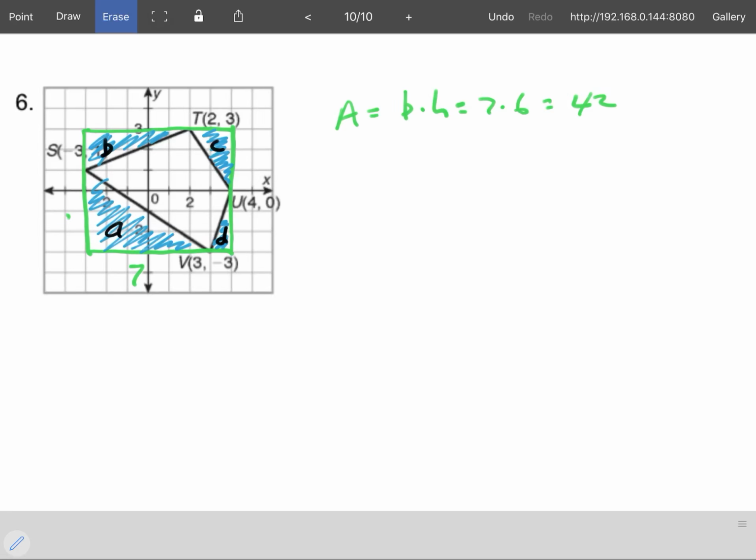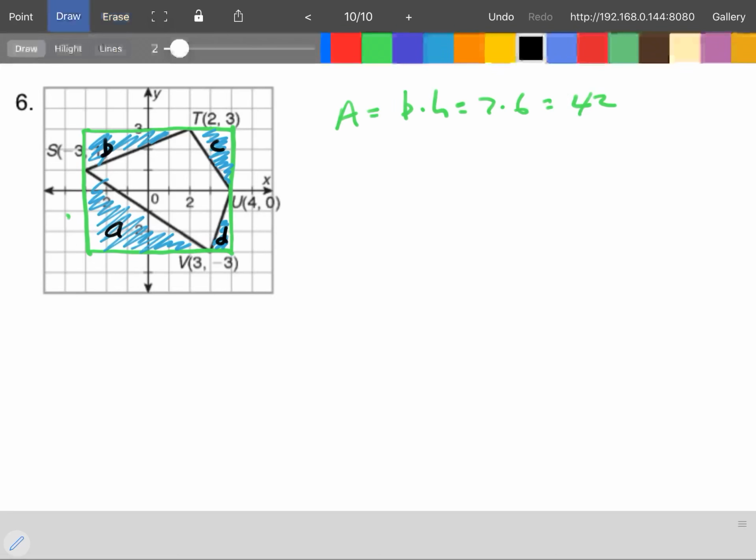Let me erase these out of here real quick. So for triangle A, we've got a base of 6 and a height of 1, 2, 3, 4.